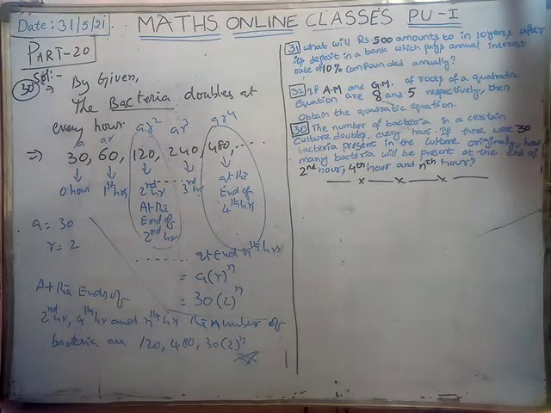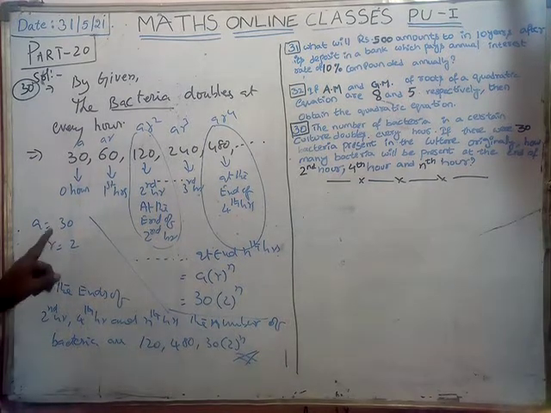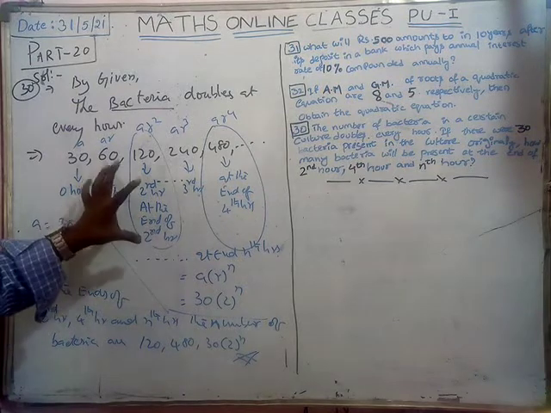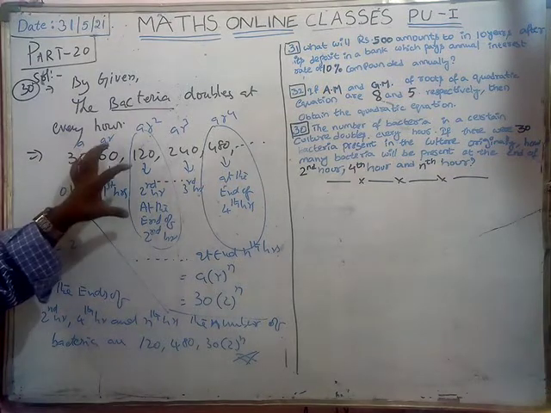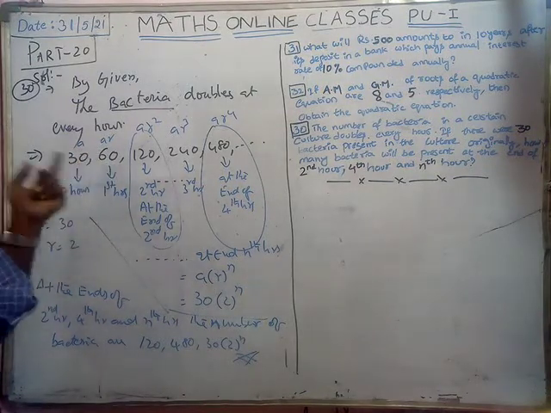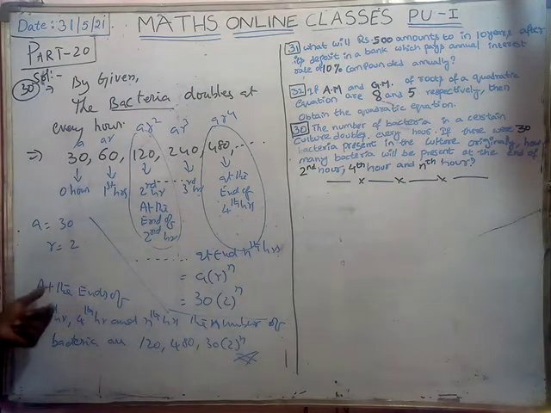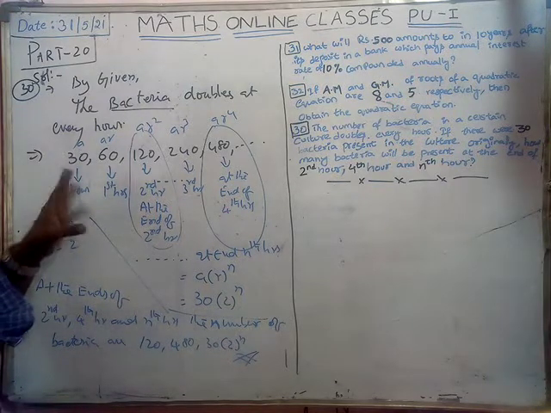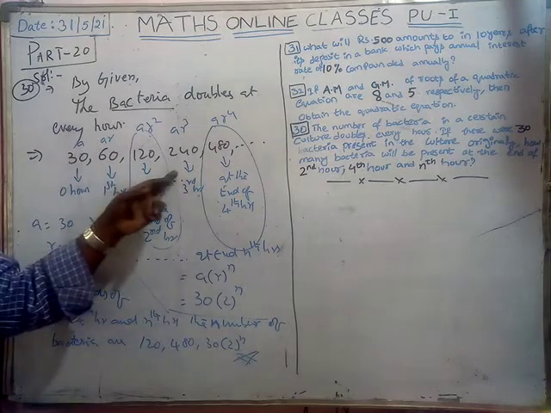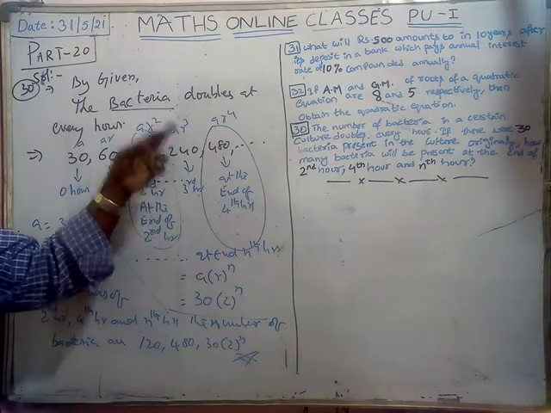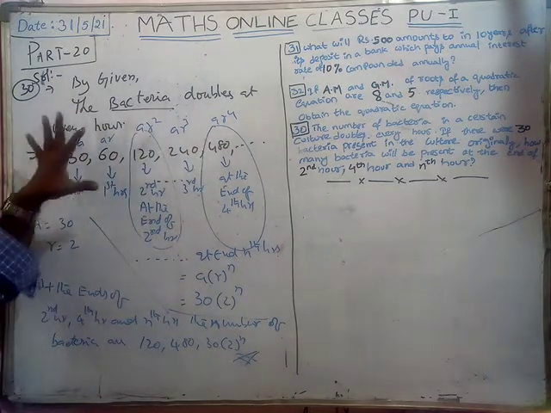Like that we have to solve the problem. Is it clear? Here is the only twist. We have to write, not the second term, it is the end of the second hour. That is not correct. Fourth hour means not r cube, r power 4. We try to understand it.